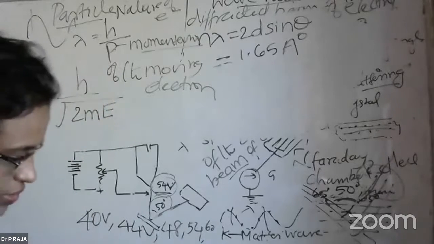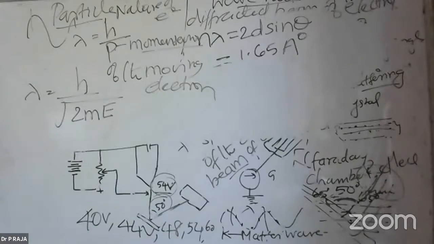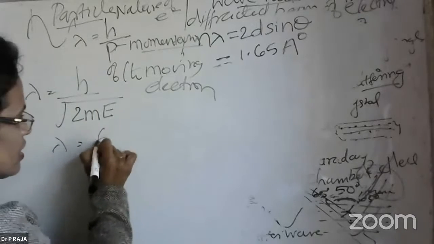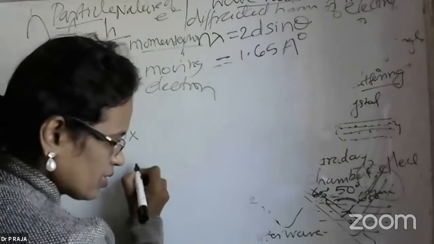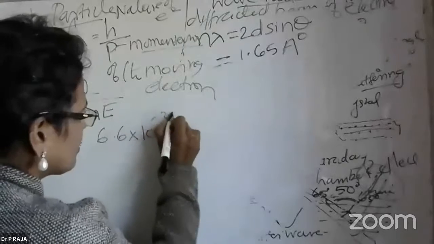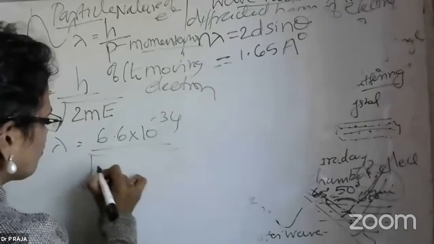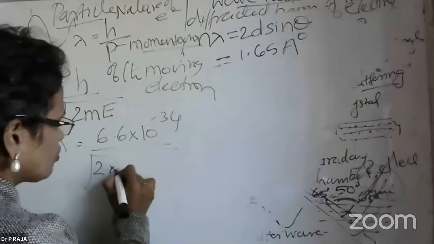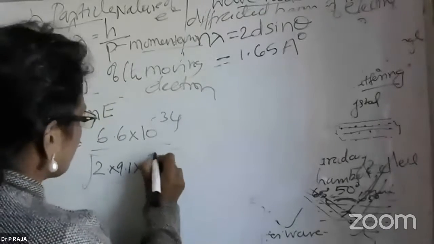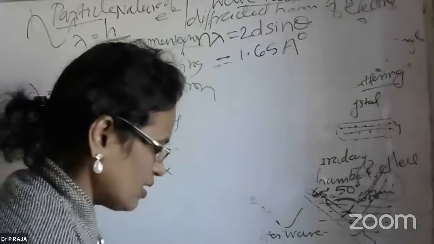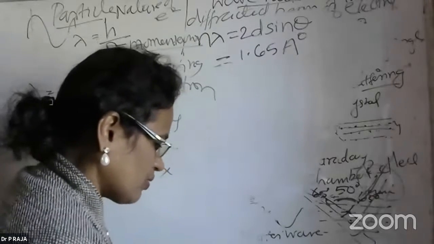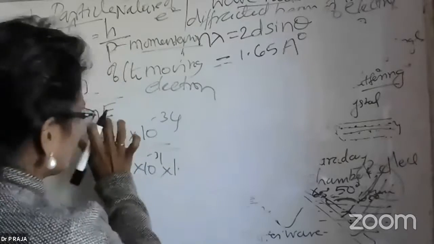What is the value of h? Planck's constant is approximately 6.6 into 10 to the power of minus 34, and under the root of 2 into the mass of the electron, which is 9.1 into 10 to the power of minus 31. What is the energy? We will give it in electron volts.